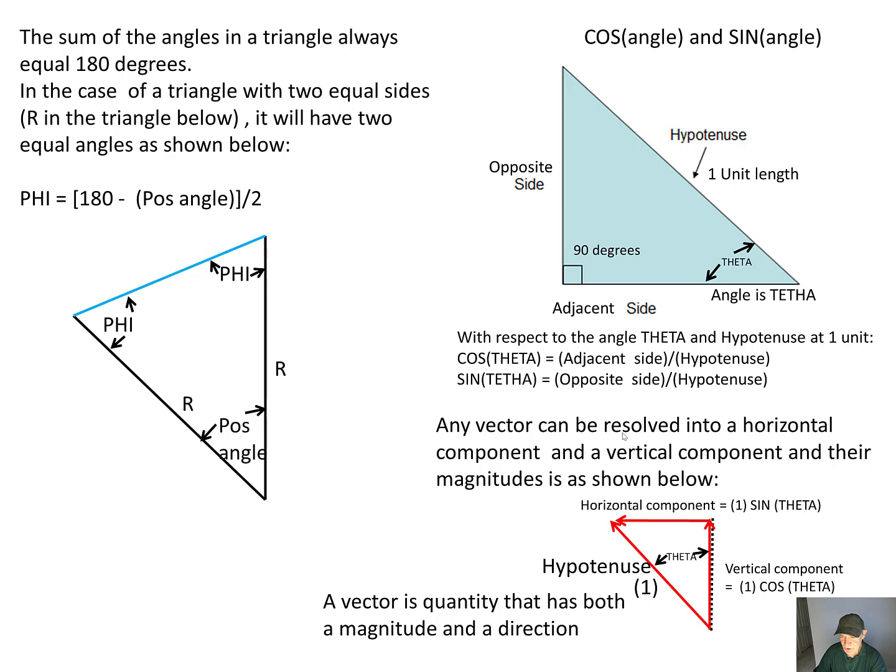Any vector can be resolved into a horizontal component and a vertical component, and their magnitudes are shown before. So we have a vector, could be at any angle theta. The hypotenuse is 1, so the horizontal component will be sine theta. The vertical component will be cos theta. A vector is a quantity that has both a magnitude and a direction.